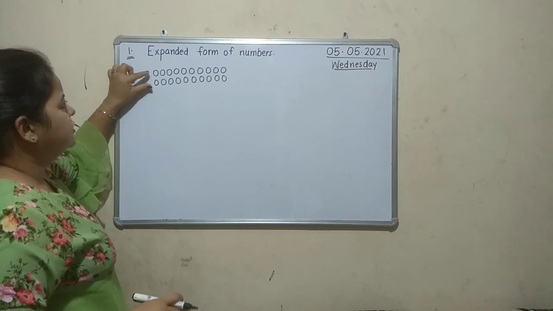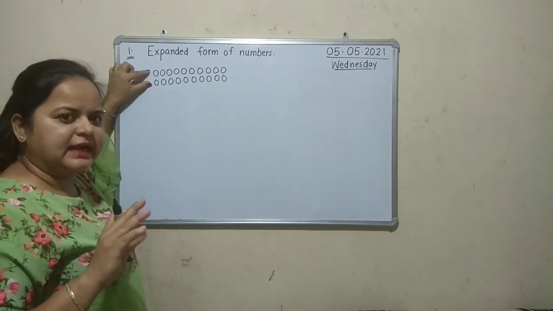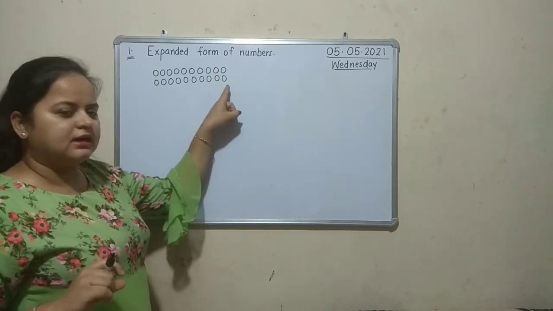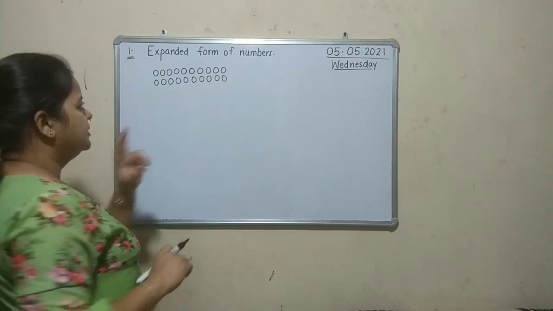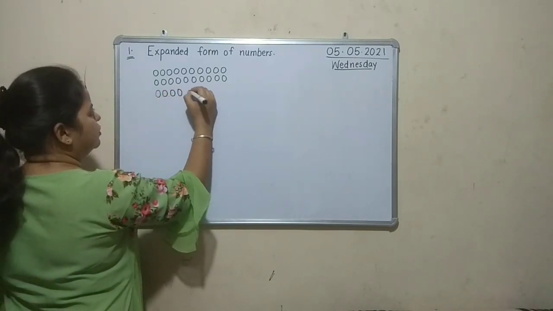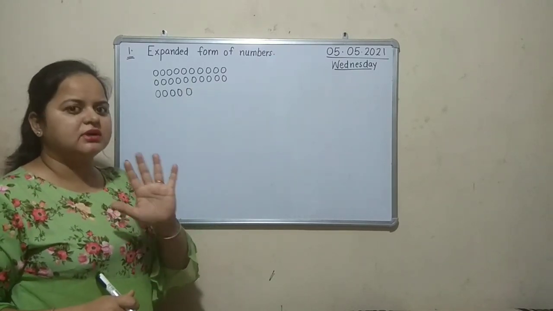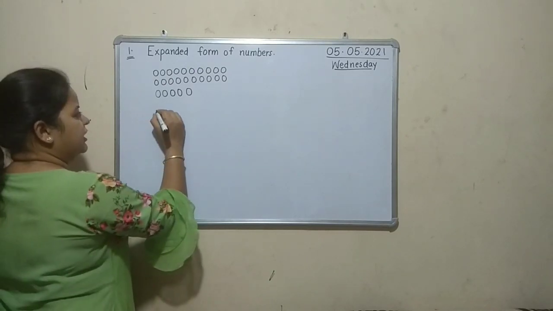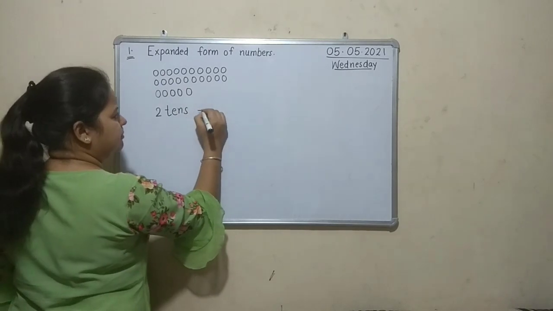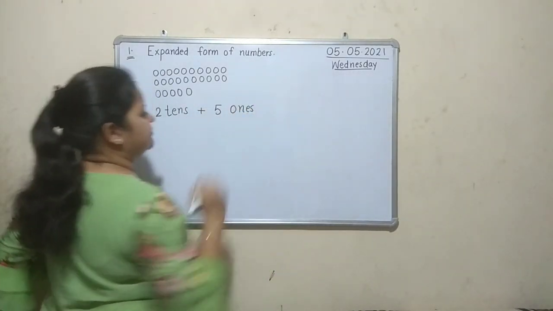Here we have two bunches of 10 circles, meaning 1 ten and another ten. Here we have 2 tens. Then 1, 2, 3, 4, 5. These are only 5 ones. So we have 2 tens plus 5 ones.